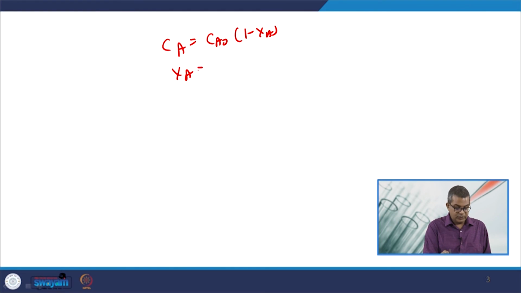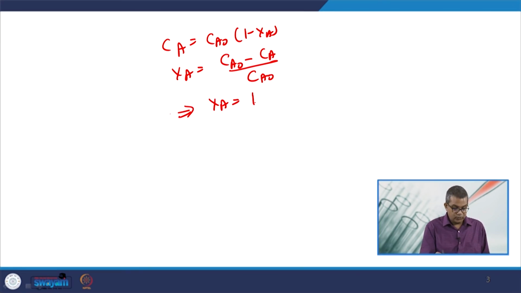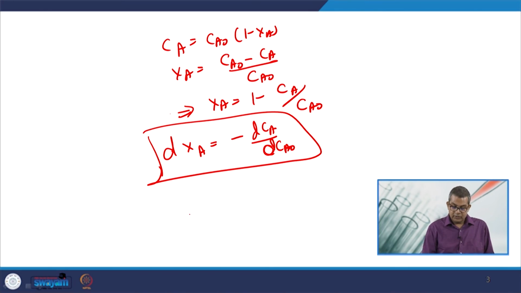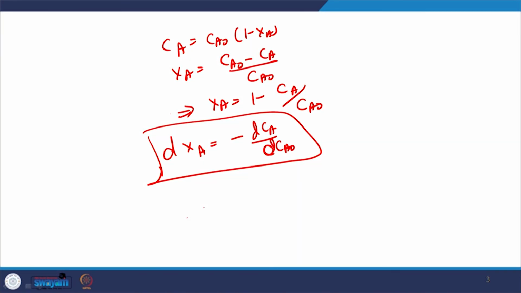Here Xa is equal to (Ca naught minus Ca) upon Ca naught, or Xa is equal to 1 minus Ca upon Ca naught. Now, if we differentiate both sides, then it can be represented as minus dCa upon Ca naught equals dXa. So, this is the generalized equation.